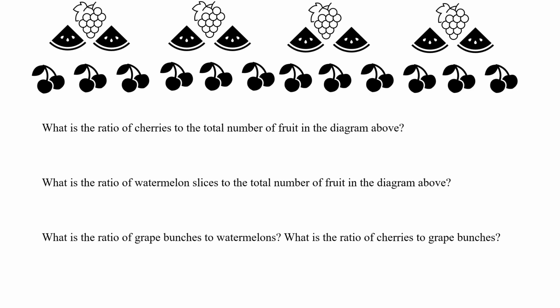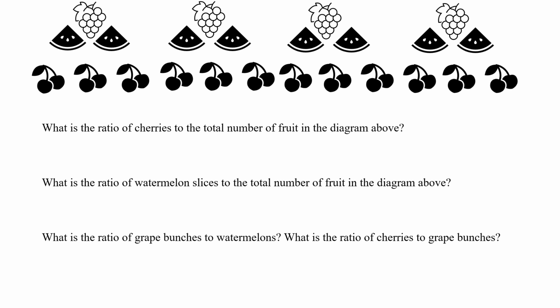Okay, for the last problem, we have sort of the same setup as the first example. Now we have added some grapes. There are 3 questions. I would challenge you to pause the video and try these questions yourself. The first question: what is the ratio of cherries to the total number of fruit in the diagram above?